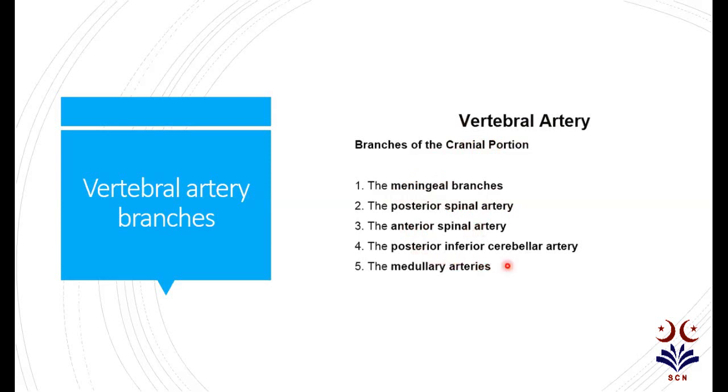The posterior inferior cerebellar arteries. This is very important. I told you PICA, the posterior inferior cerebellar artery. PICA syndrome, I told you, is the lateral medullary syndrome in the lesion of the medulla, which we talked about in detail already in the lecture on the medulla oblongata. So then the last of all are the medullary arteries. These are the branches of the vertebral artery.